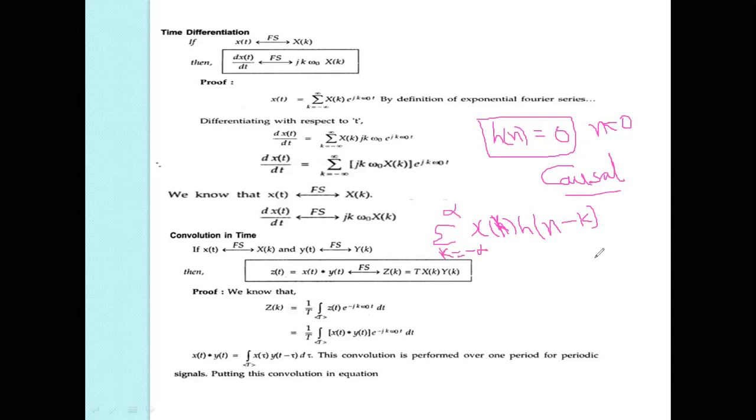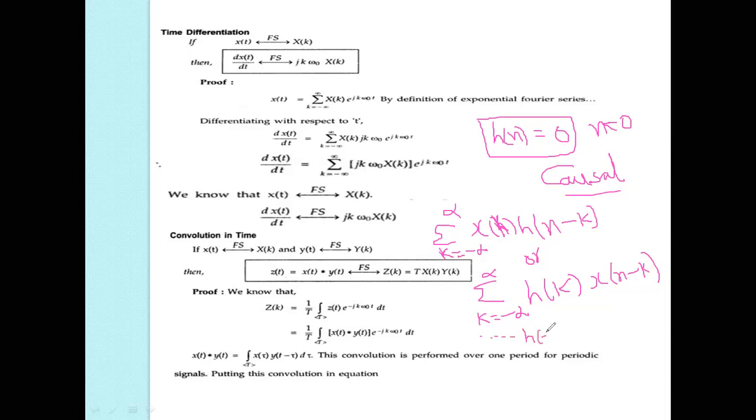We can expand this function from minus infinity to infinity, where the negative values of k have h equal to 0. Or we can also write it as the sum of k equal to minus infinity to infinity of h of k, x of n minus k. Now I can expand these functions term by term.